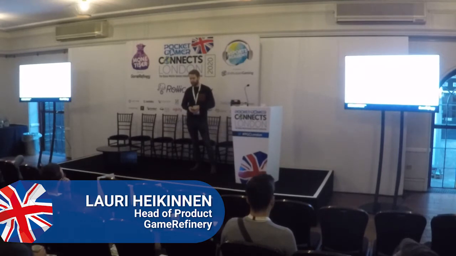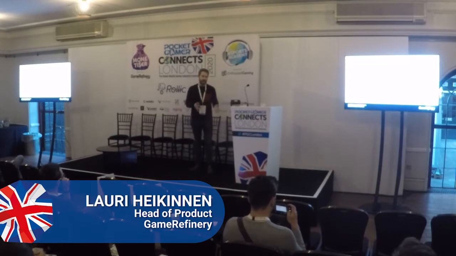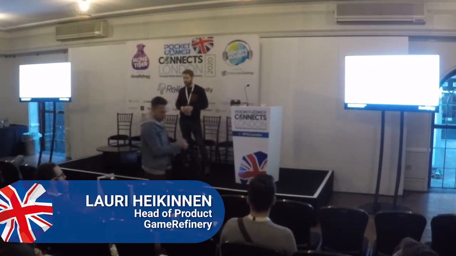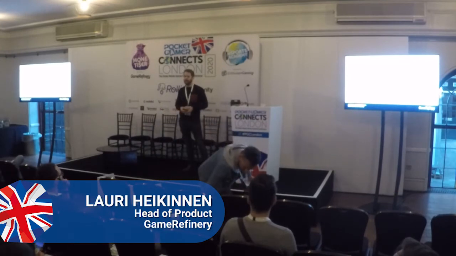How we do it is that we have dedicated teams of analysts for our major markets, which are US, Japan, and China. The analysts play the games, they break them down, and then we refine the data. You might have seen our subgenre categorization around the web.